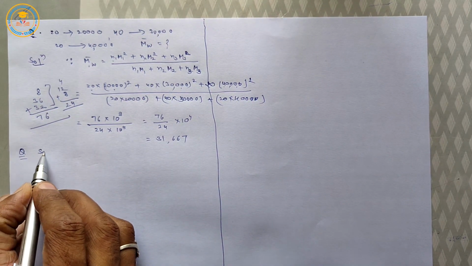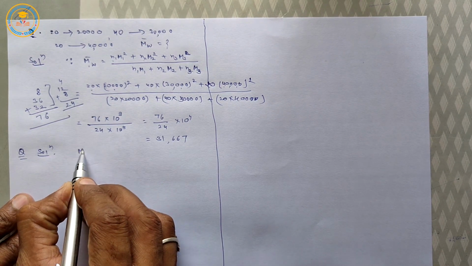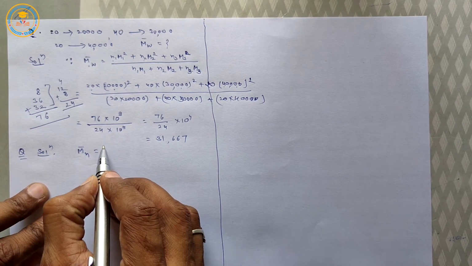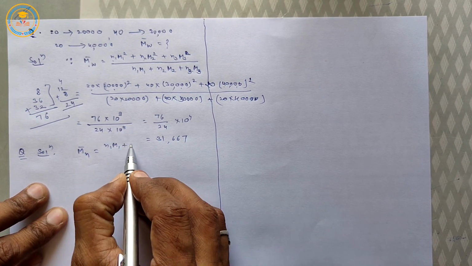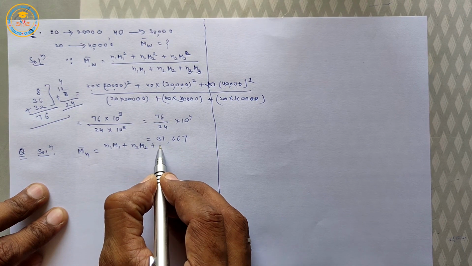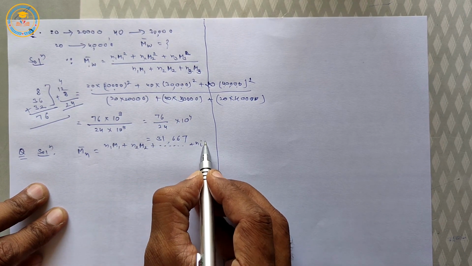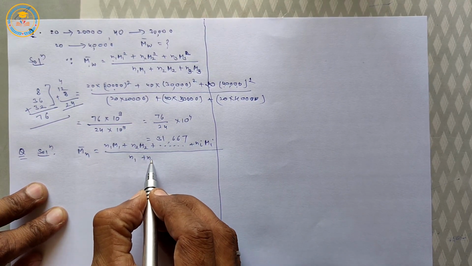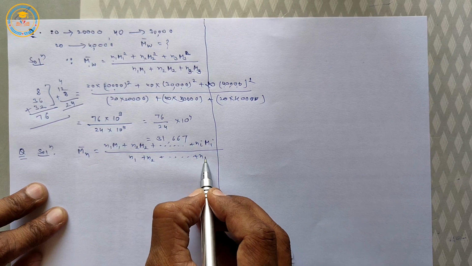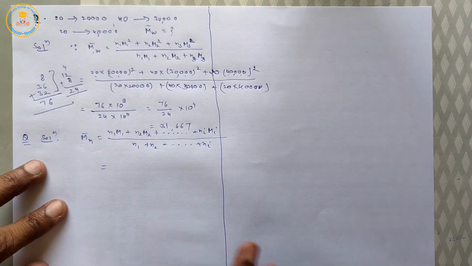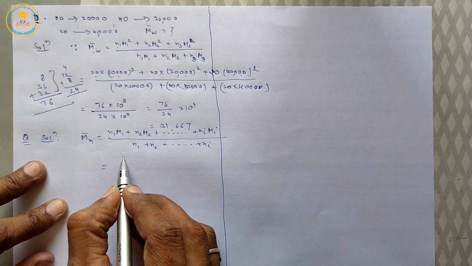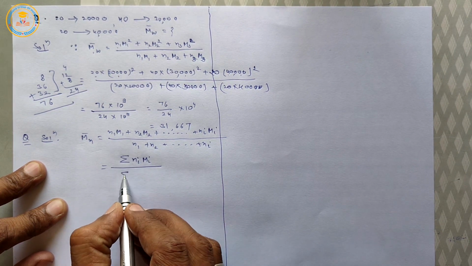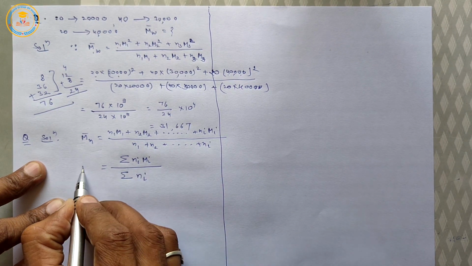Solution is, M bar N, the number average molecular mass, is equal to N1 M1 plus N2 M2 plus dot dot dot Ni Mi, divided by N1 plus N2 plus dot dot dot Ni, or we can say that M bar N is equal to summation of Ni Mi divided by summation of Ni.